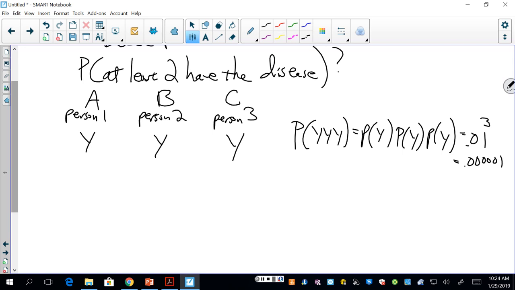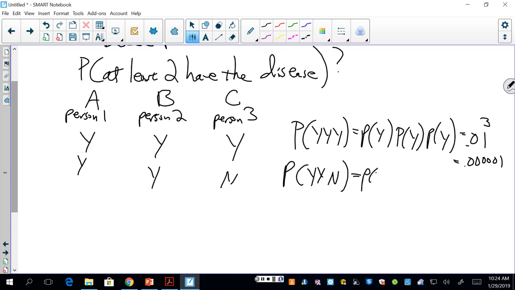But another way this could happen and still have at least two is that the first two have it and the third person doesn't. If these are independent, and the chance that one person has it doesn't affect the others through some contagious mechanism, the chance that you would have this particular pattern in these three people is just the product of those probabilities.